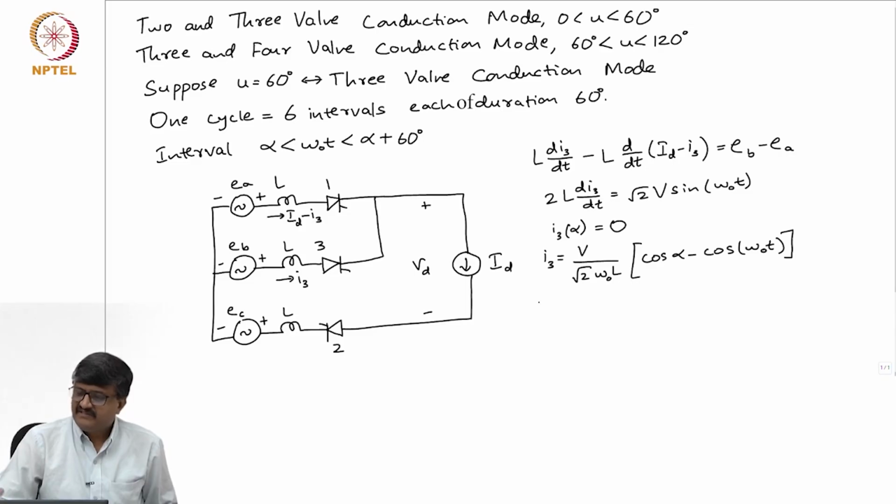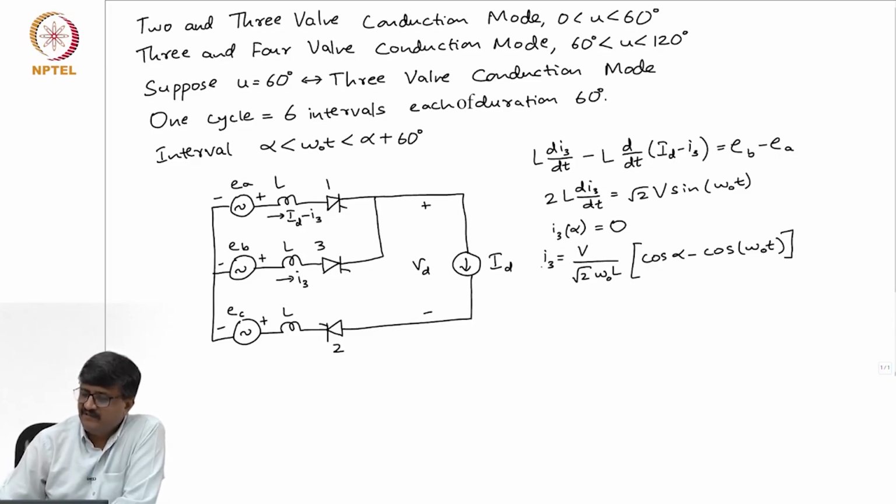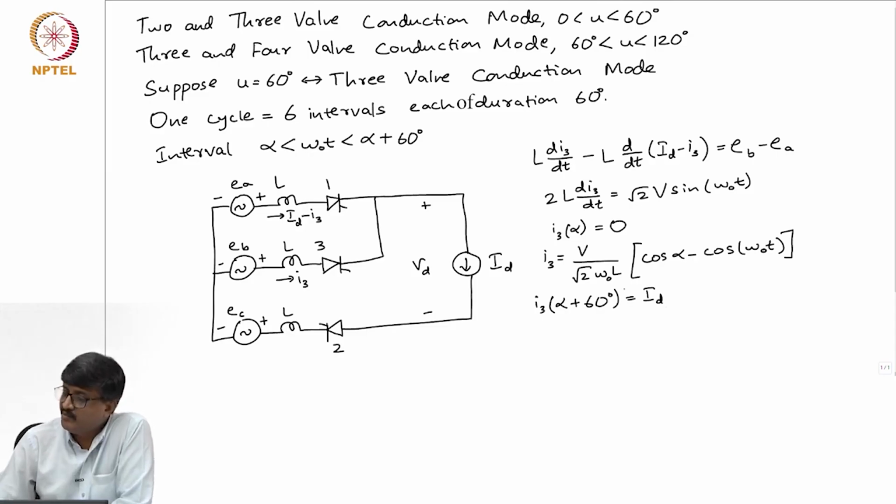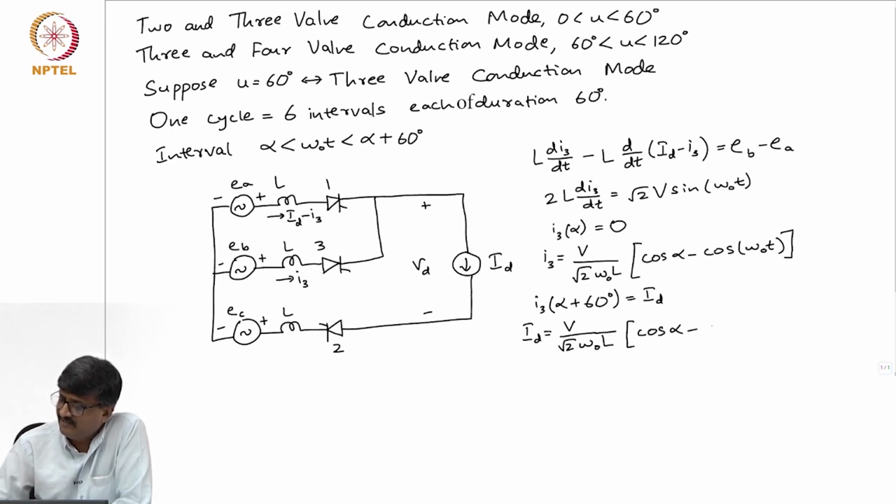At alpha plus 60 degrees, I3 reaches the value ID. So if I substitute omega ot equal to alpha plus 60 degrees in the previous equation, with I3 equal to ID, then I get ID is equal to V by root 2 omega OL into (cos alpha minus cos (alpha plus 60 degrees)).